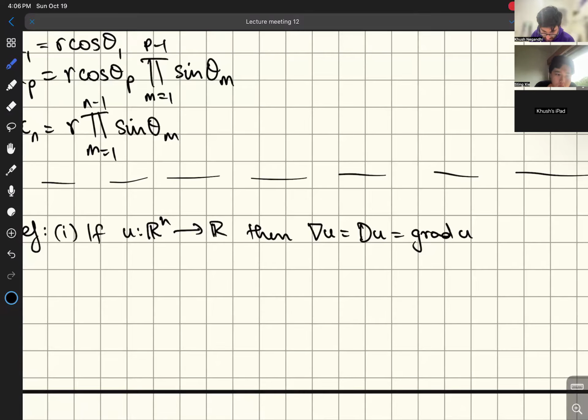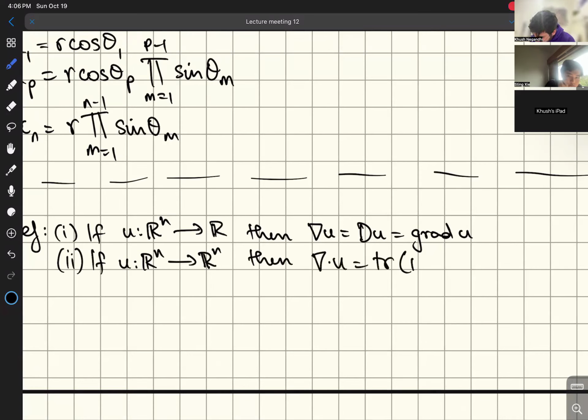Okay. Two, if u is a function from R^n into R^n, then the divergence of u will be the trace of the derivative, and we'll call this div u.